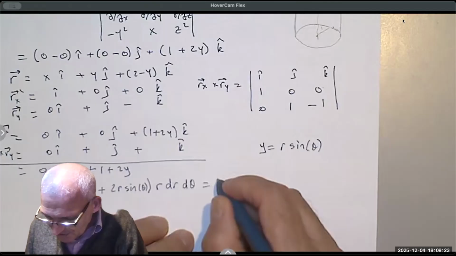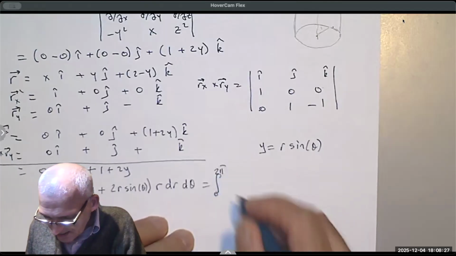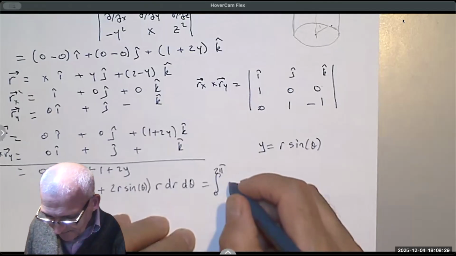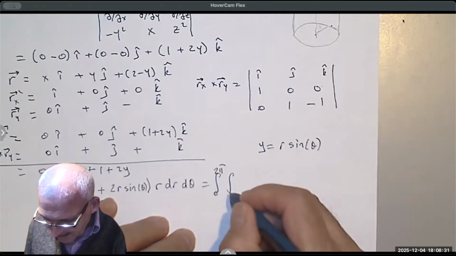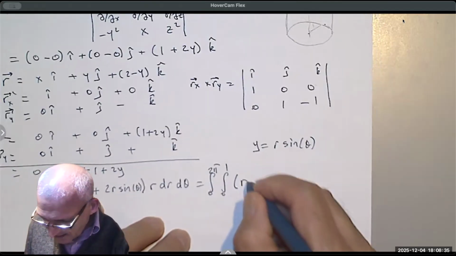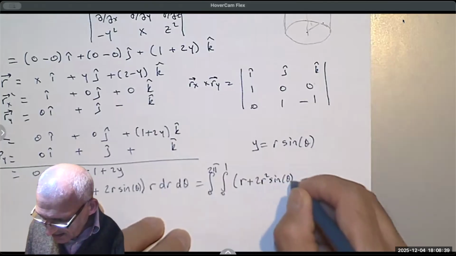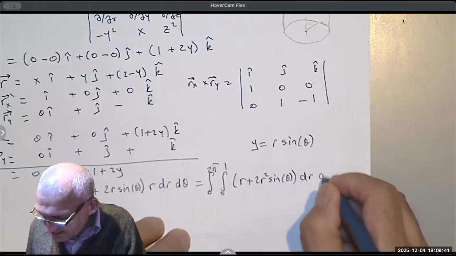So I'm going to take the integral from 0 to 2 pi of the integral of r plus 2r squared sine theta dr d theta.